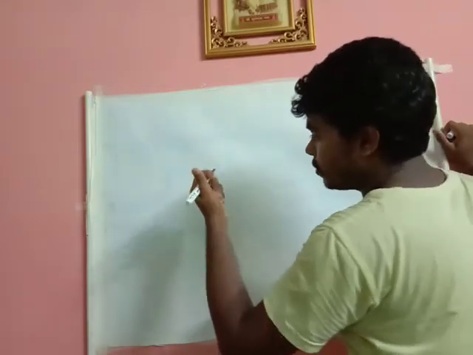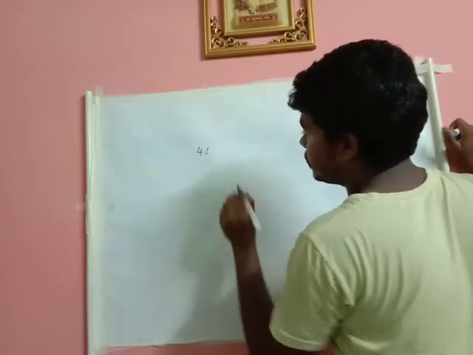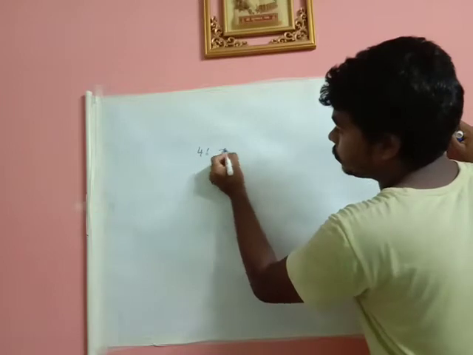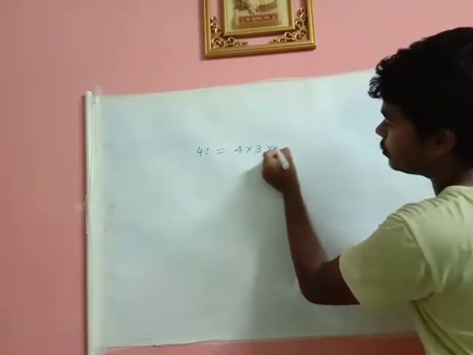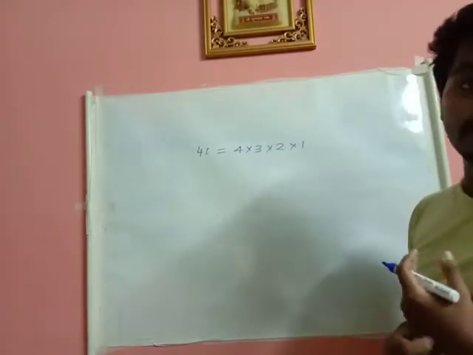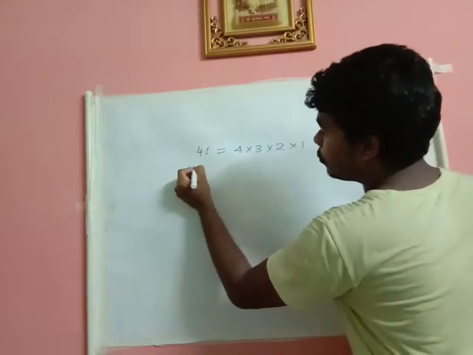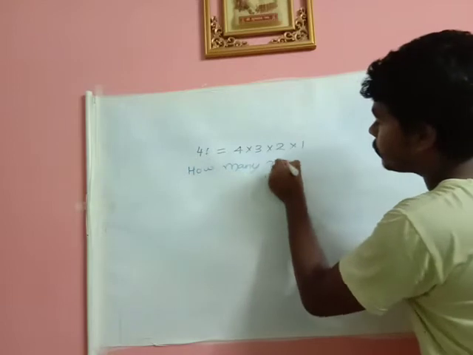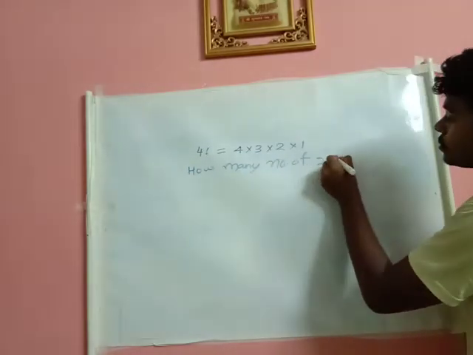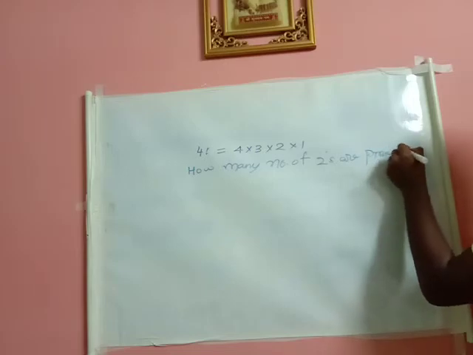Let me assume 4 factorial. 4 factorial can be written as 4 into 3 into 2 into 1, right? Now, my question is: how many 2's are present in 4 factorial?